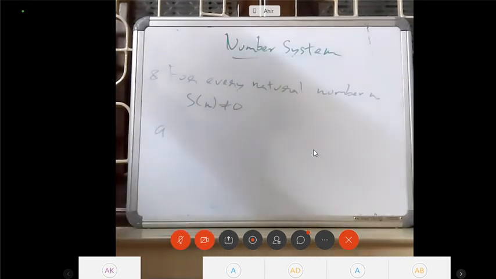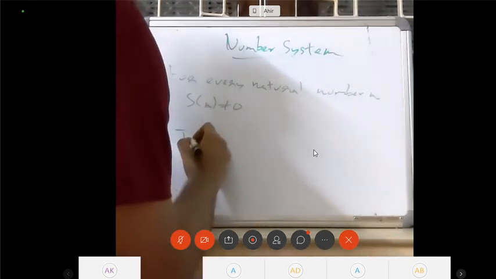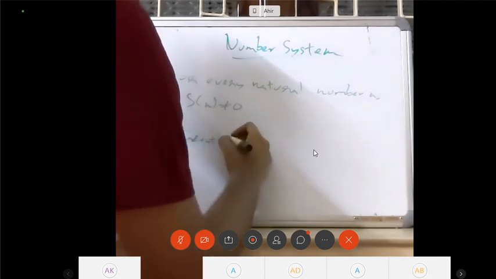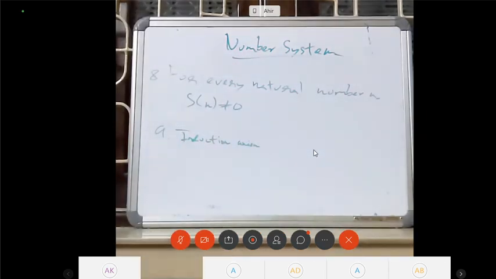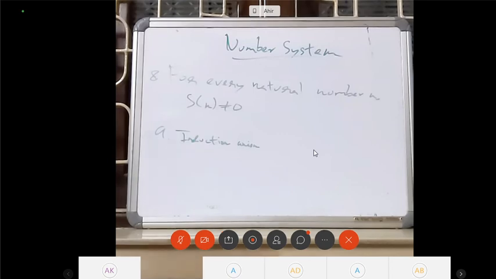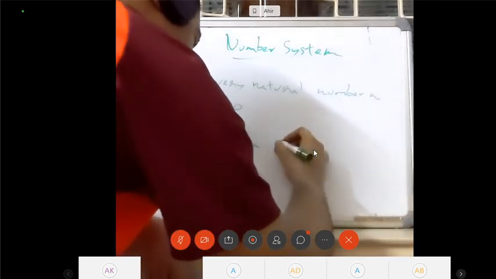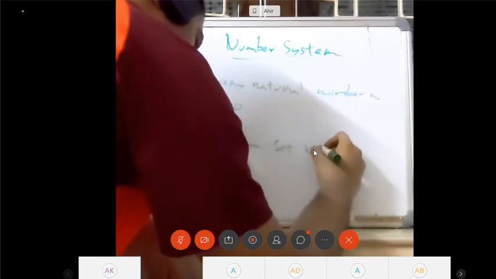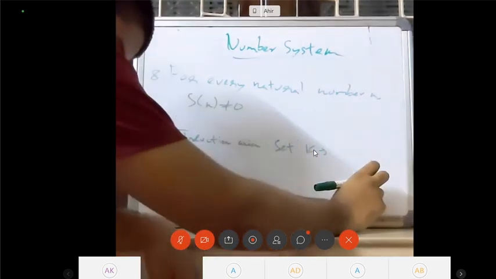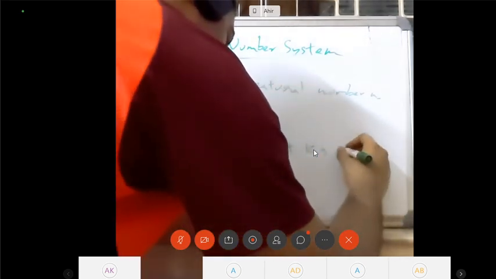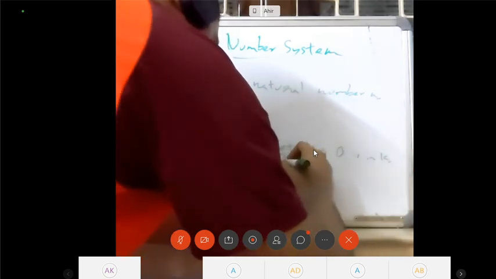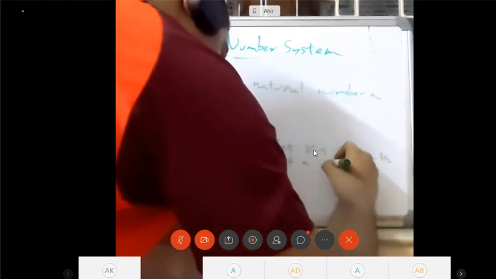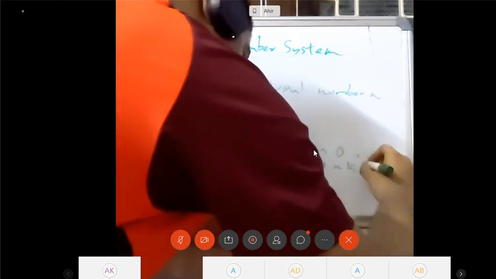And 9, we have the induction axiom. So what is the induction axiom? Suppose you have a set K, where 0 is in K, and if n is in K, then Sn is in K as well.